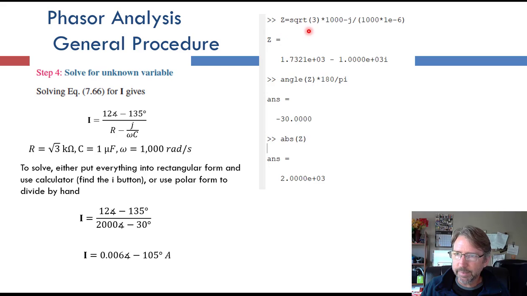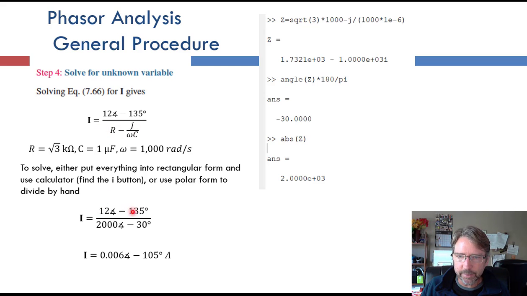Here again we would write z in rectangular form because that's how it started, with the real part and an imaginary part, and then find its angle using the angle function in MATLAB, negative 30 degrees, and its amplitude using the ABS function is 2000. So we can write 2000 with a phase of minus 30 as the total impedance here.